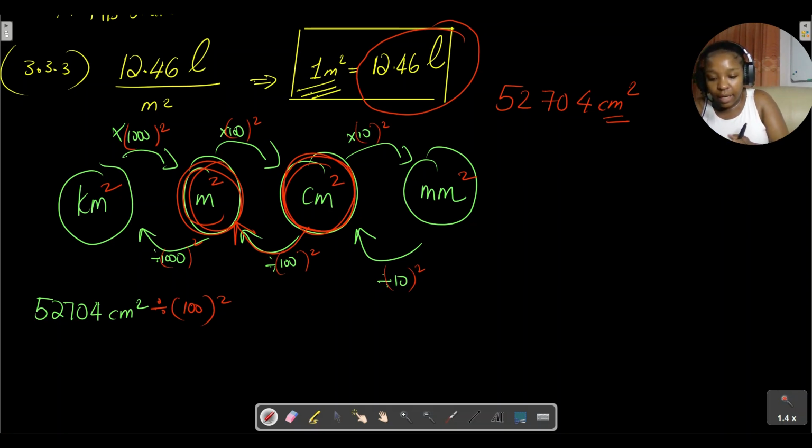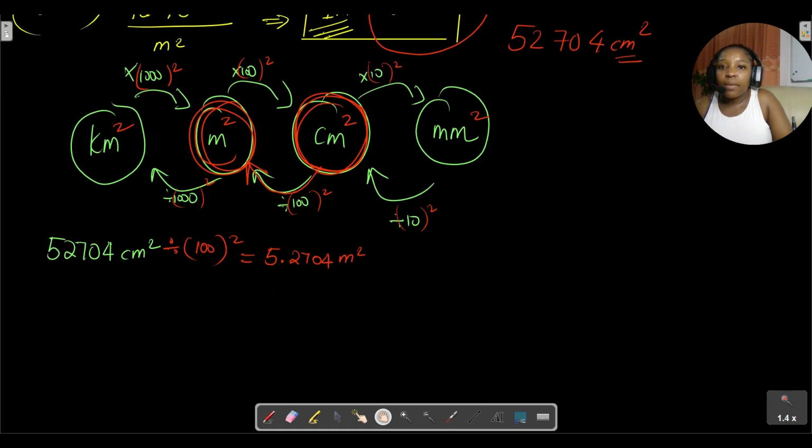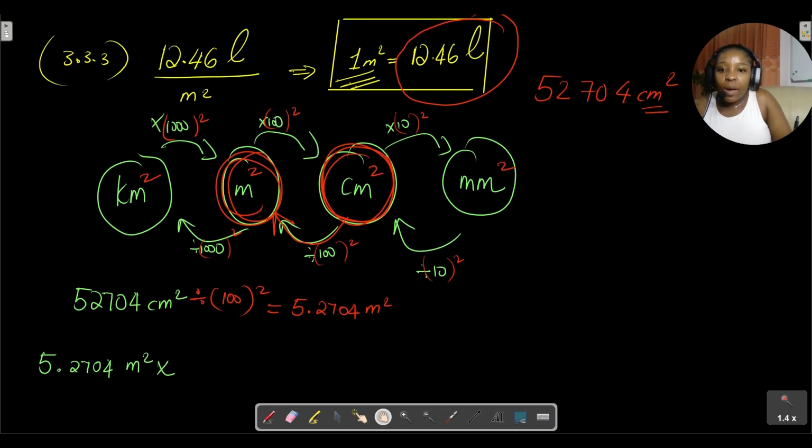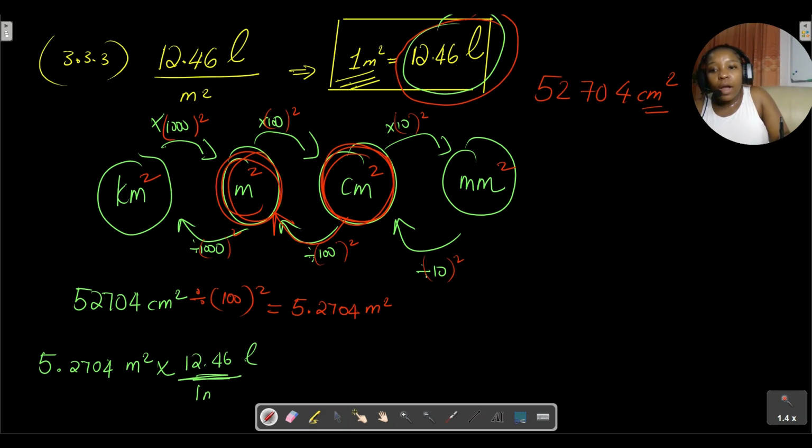Then you'll get that it's actually 5.2704 meters squared. Now we can work with this. Take that value, 5.2704 meters squared, and multiply it by what we want, the liters, which is 12.46 liters, divided by what you have, 1 meter squared. Do you see now the units cancel nicely?